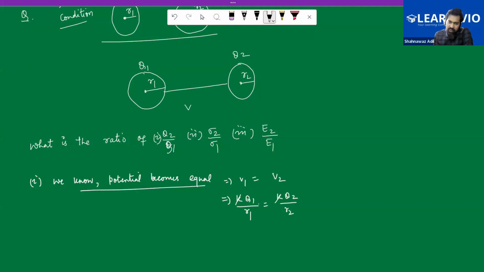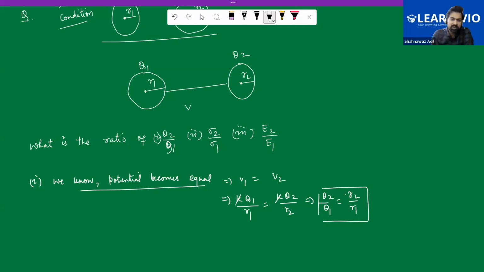So K cancels, and Q2 by Q1 we have to find out. Q2 is there, Q1 is taken in the denominator, and R2 goes on the other side. So this would be Q2 by Q1, which is equal to R2 by R1. So that is the idea, right?